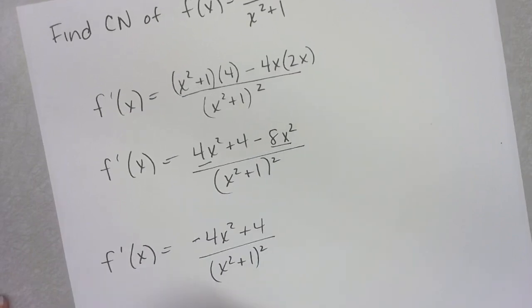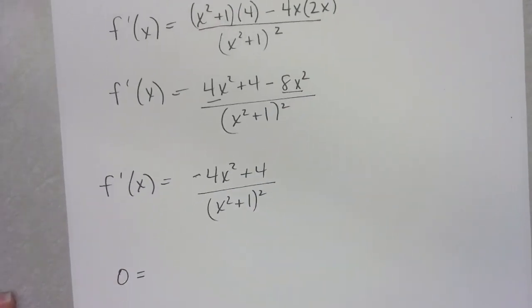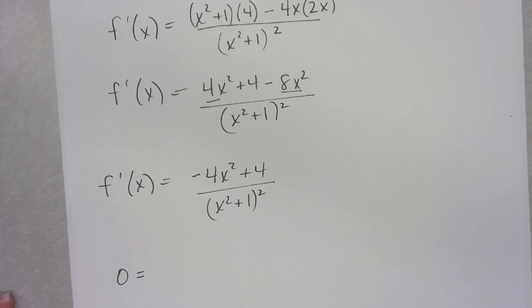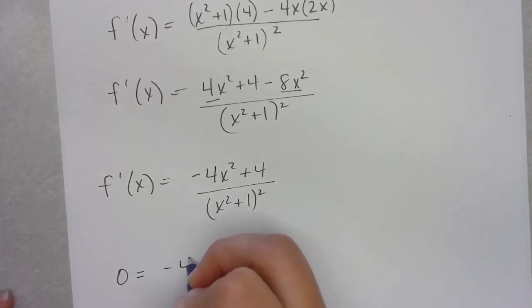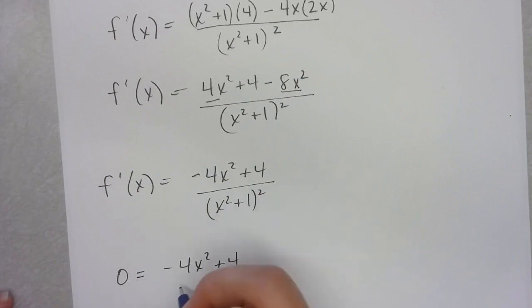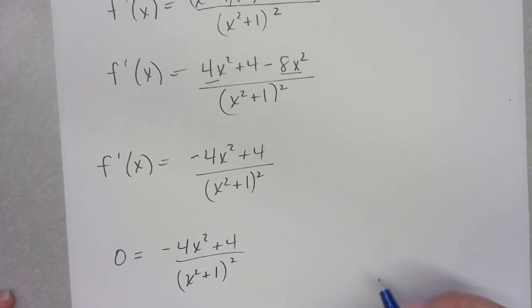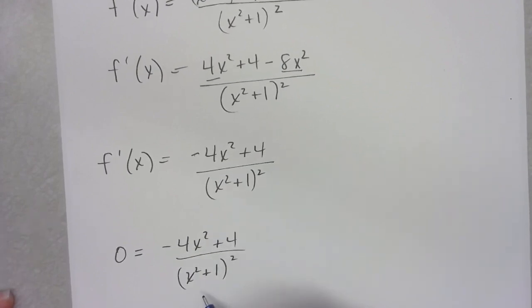The first thing I want to know is where is f prime equal to 0, right? That's my easiest one, usually I go for first. f prime of x is equal to 0. When I set this equal, you're going to see me kind of omit this step after this process because the first step is to multiply both sides by the denominator because I need to get this out.